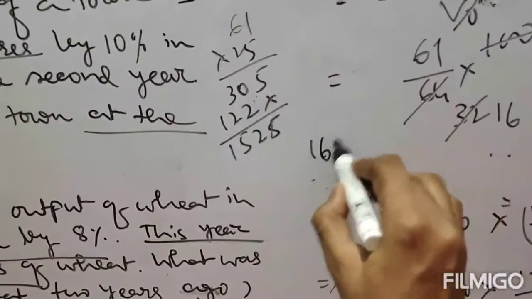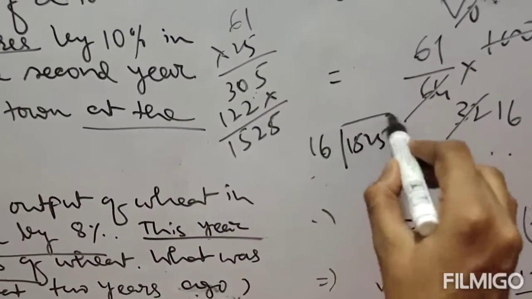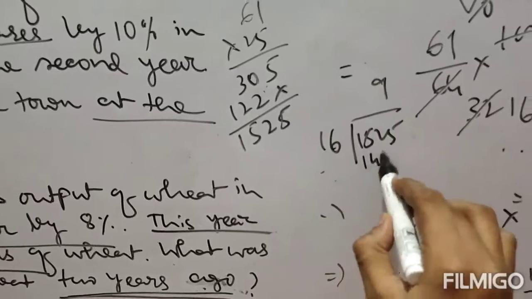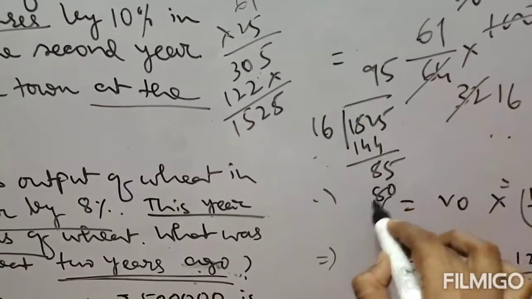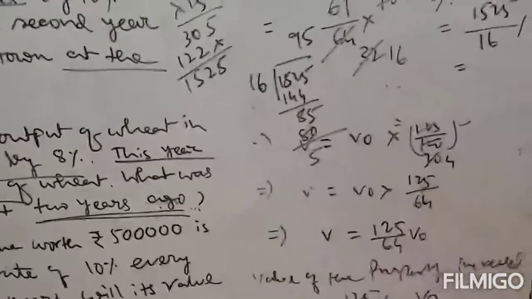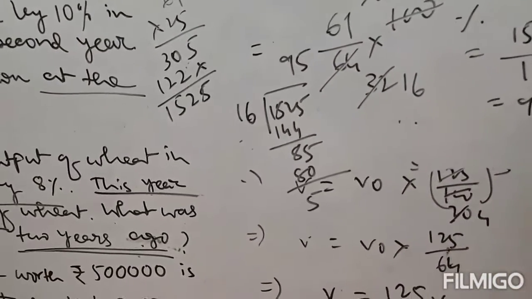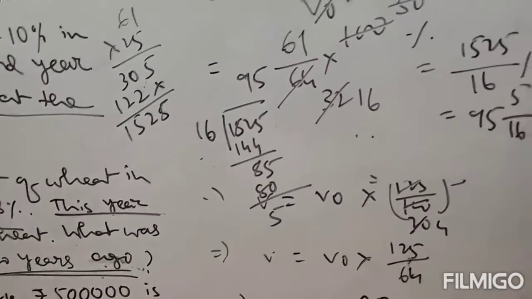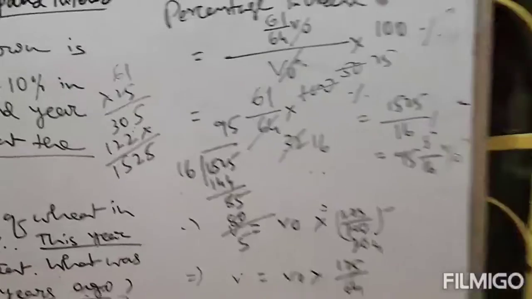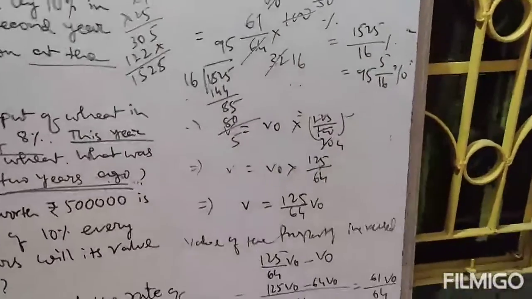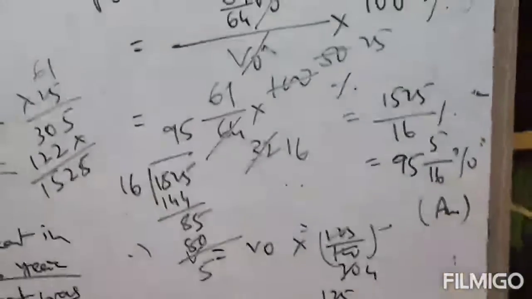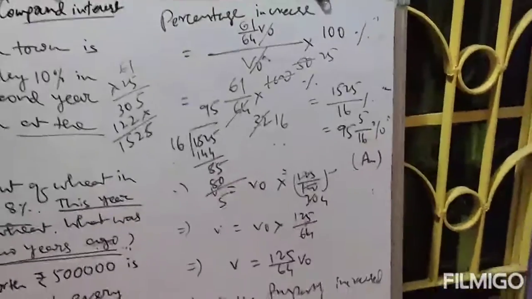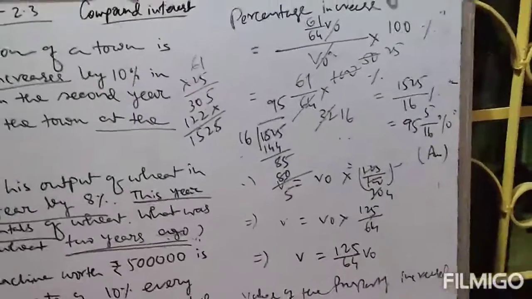So 16 into 1525: 9 sixteens are 144, 16 fives are 80. So the remainder is 5. Therefore your percentage will be 95 and 5 by 16 percent. This is the answer. Clear? So your answer is 95 and 5 by 16 percent.